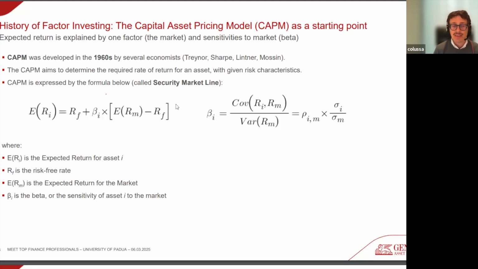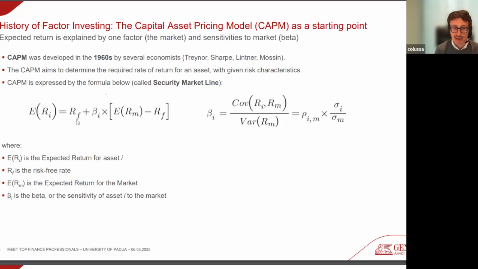Basically the idea was to link the return of the asset, the left side of the equation, E expected return R, our asset, to the return of a risk-free rate.